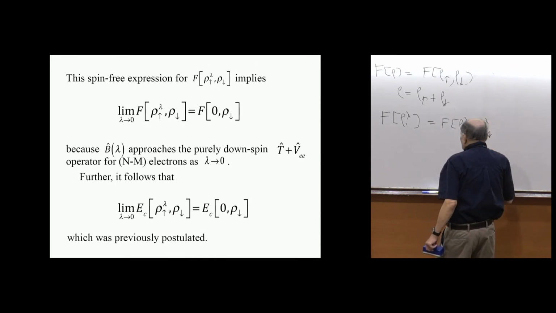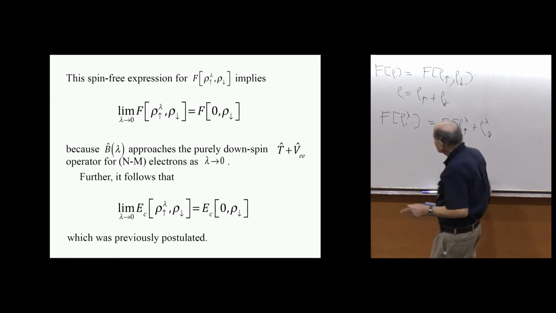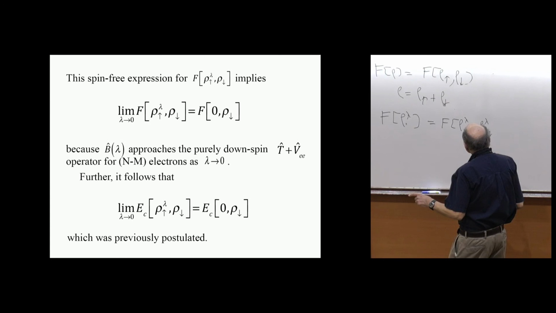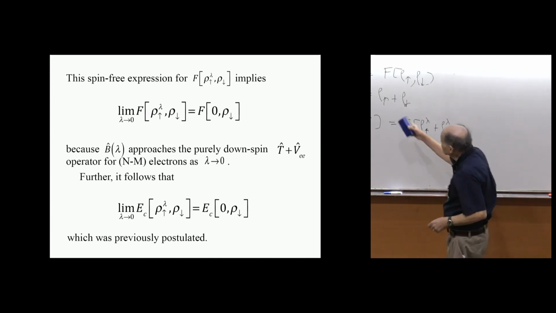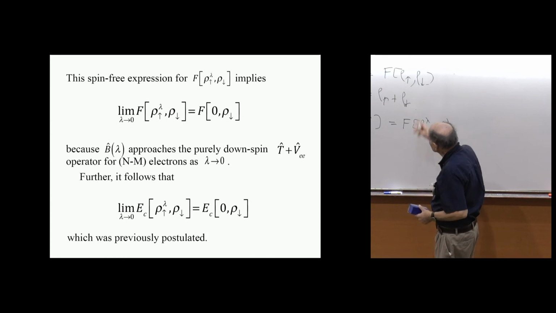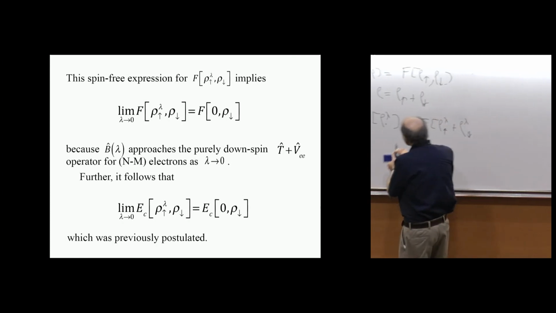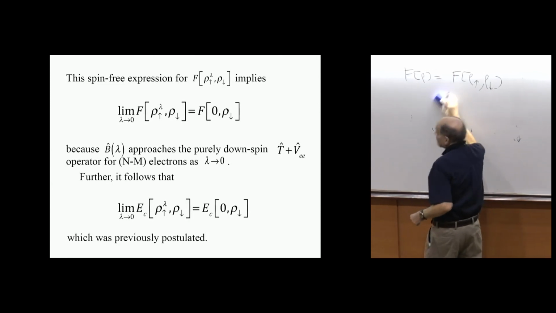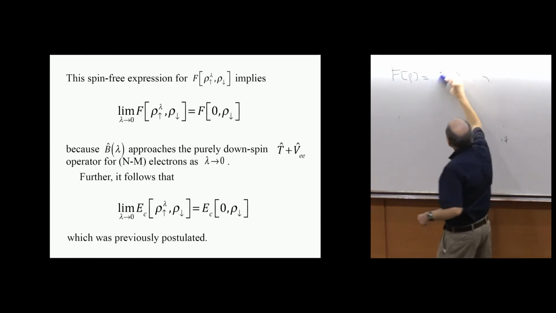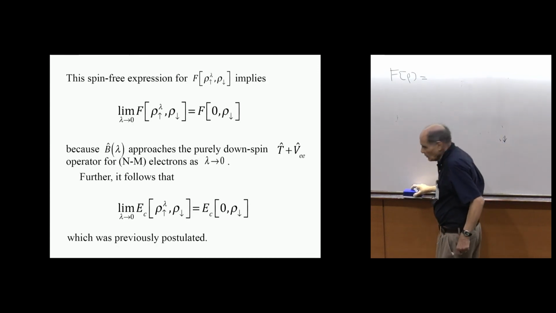I wish I brought the paper. Scale up and down, f of rho scale. Is this true? Hold on. Ah, no, I was wrong. I lied. How did I lie? Was this true always? No.